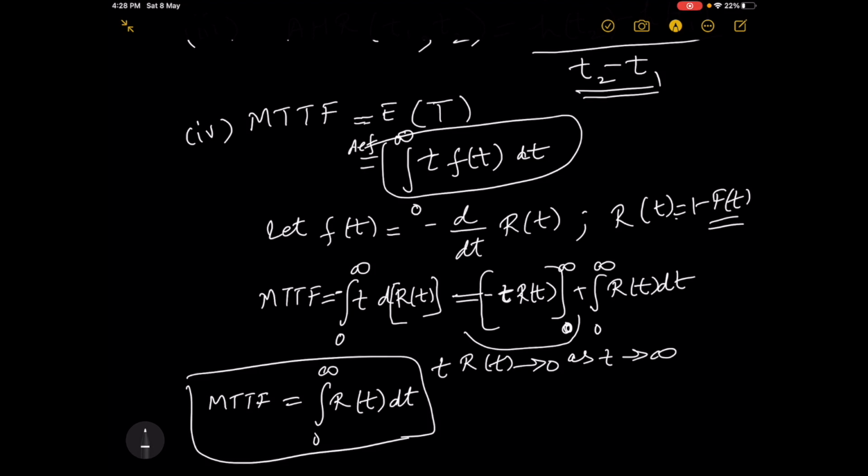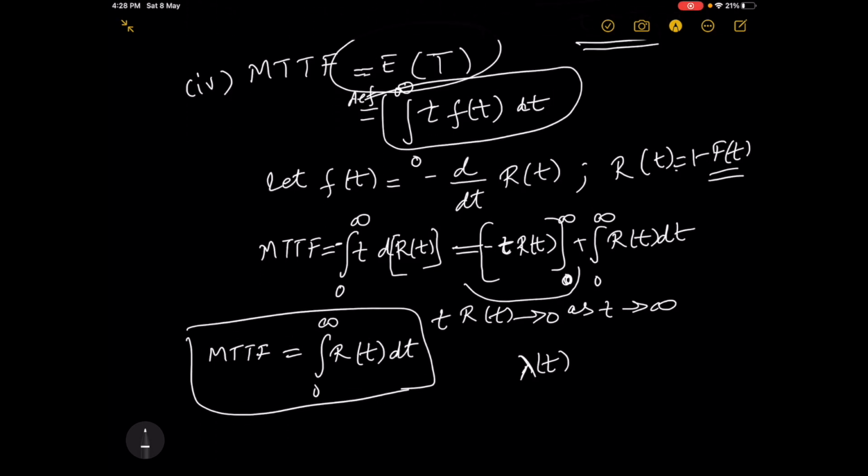Now in general, see, here I have defined MTTF as the expected lifetime, right? In general, if lambda t, a function of t, which means it is not fixed, it changes with time.